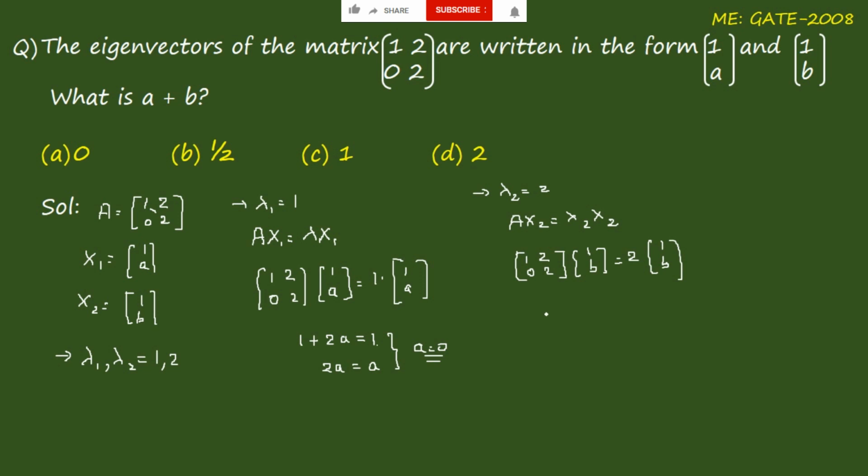Then we get 1 plus 2b is equal to 2, and 2b is equal to 2b only. Right? So b is equal to b, we got it here. Now here we get b is equal to 1 by 2. Right? So a and b values we got. So we have to find the value of a plus b, which is equal to 0 plus 1 by 2, which is equal to 1 by 2 only. So the answer is option B.